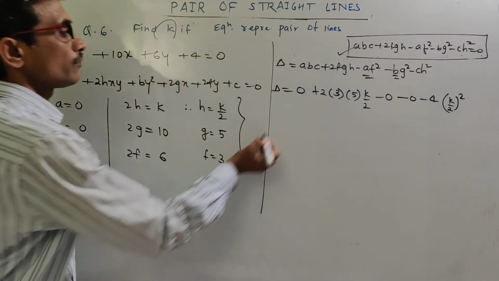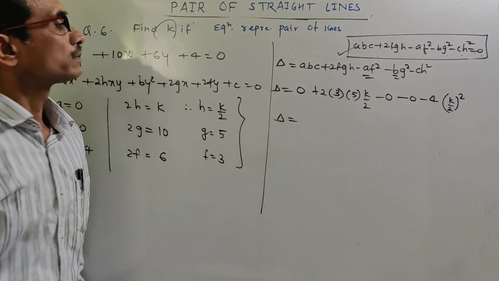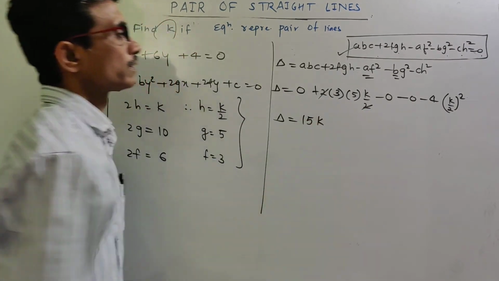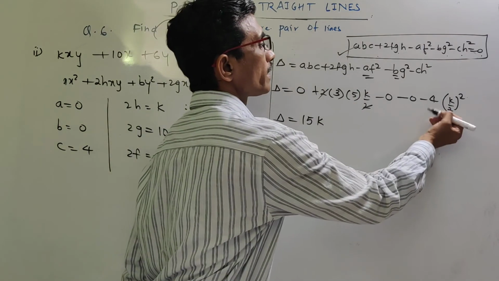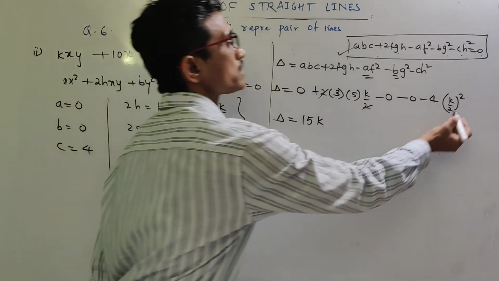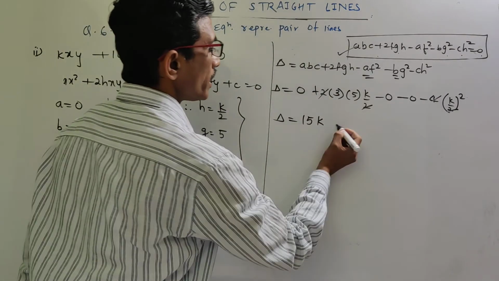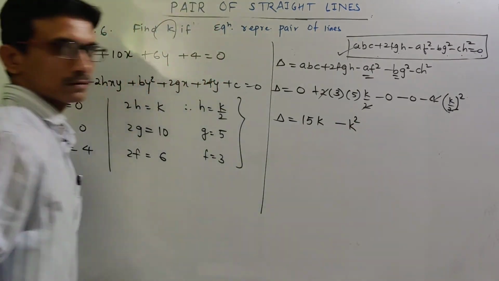So delta will be equal to, this 2 is getting cancelled, 15k, and this 4 is again getting cancelled because this is a square. Now it will be minus k square.